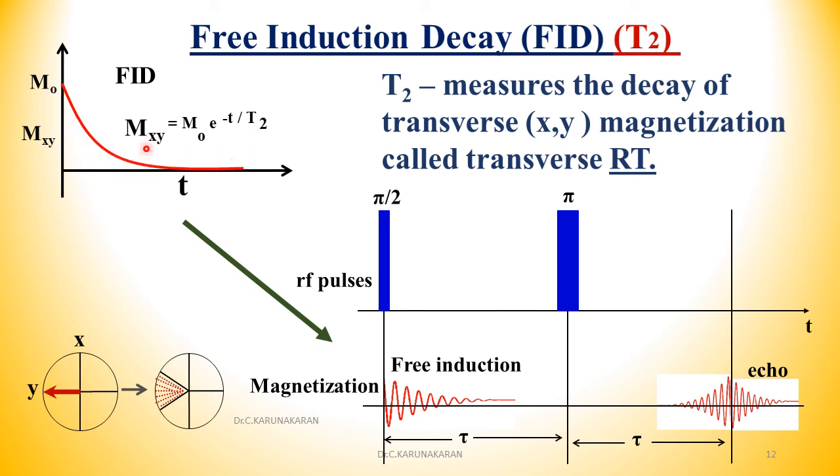By fitting the curve using the equation with e power minus t by T2, where My is measured by the detector and M0 is also known, and t is the time, we can calculate the transverse relaxation time, or spin relaxation time.